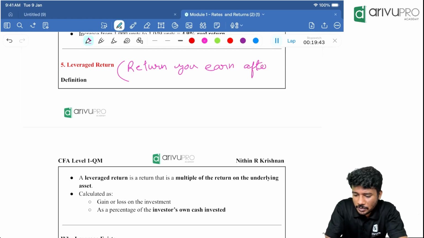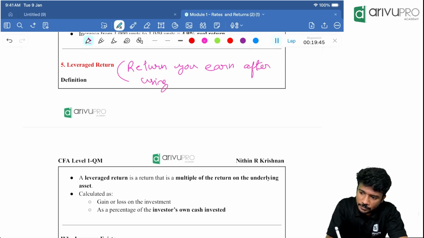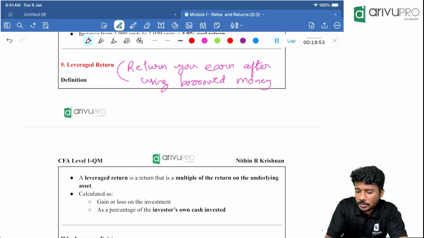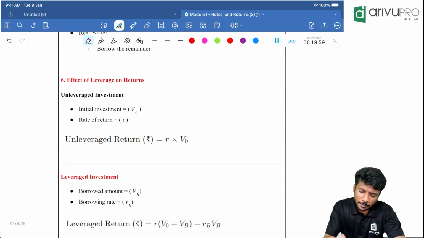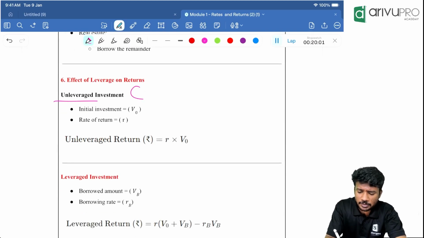After using borrowed money to invest. That is the basic meaning of leveraged return. Then coming to unleveraged, what is it?